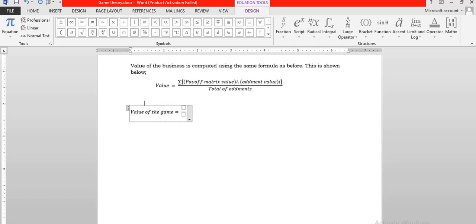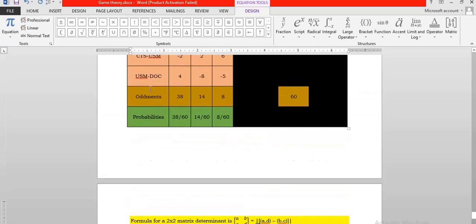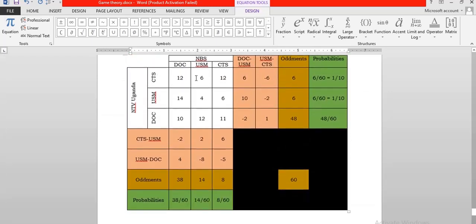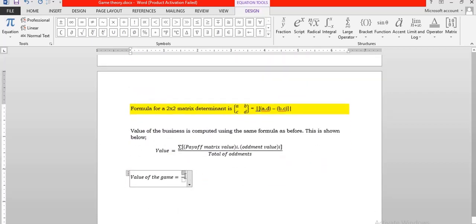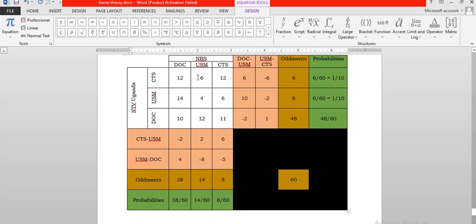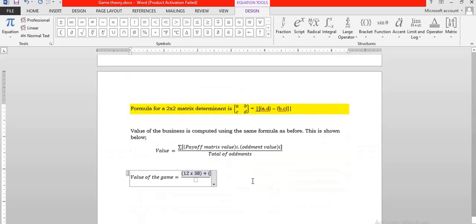The formula is the value of the payoff matrix times the corresponding oddment. So let's look at the first one, which will be 12 times 38, plus the next, 6 times 14.